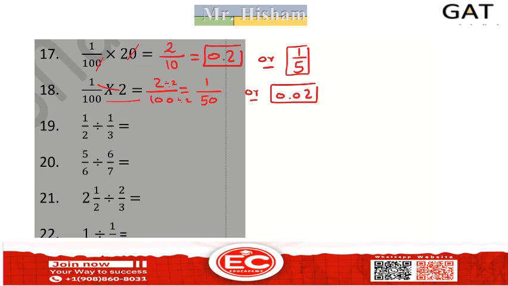Let's go to division of fractions. In fractions, you are using keep, change, flip. Keep, change, flip. I keep the first fraction. I change the sign. And I flip the second fraction. So 1 times 3 is 3. 1 times 2 is 2.